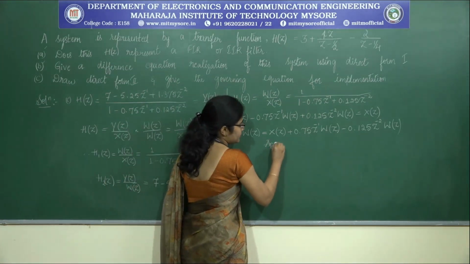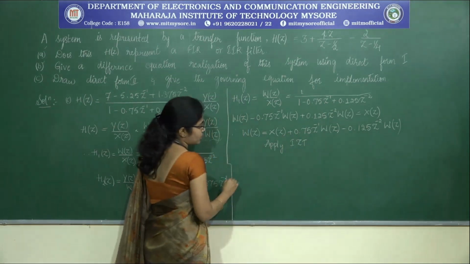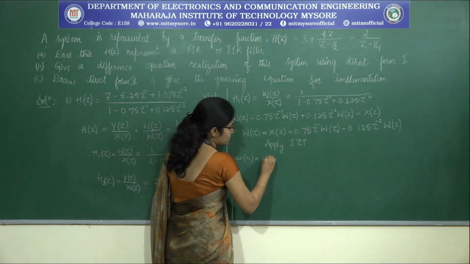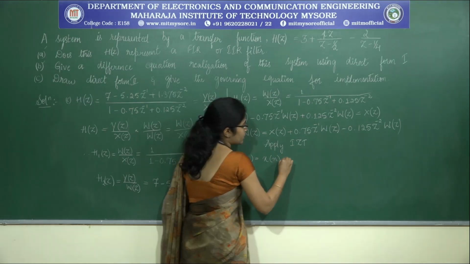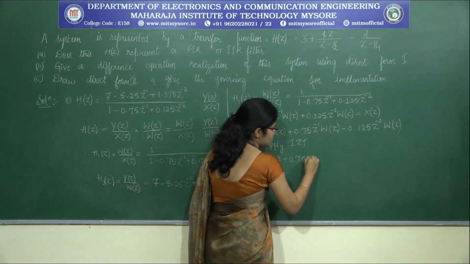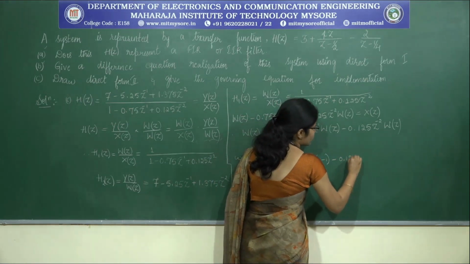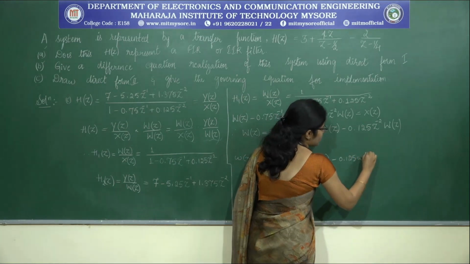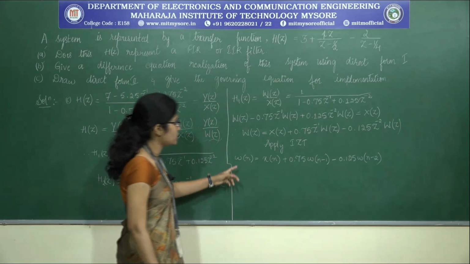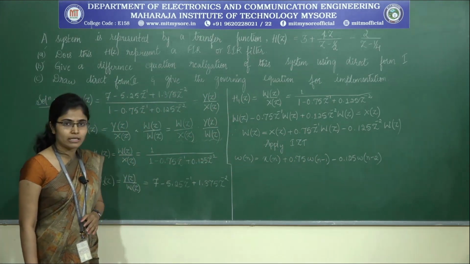For that, let us apply inverse z transform to the above equation. w of z can be written as w of n, which is equal to x of n plus 0.75 into w of n minus 1 minus 0.125 into w of n minus 2. So, this is the expression for h1 of z. Okay. We got the first governing equation.